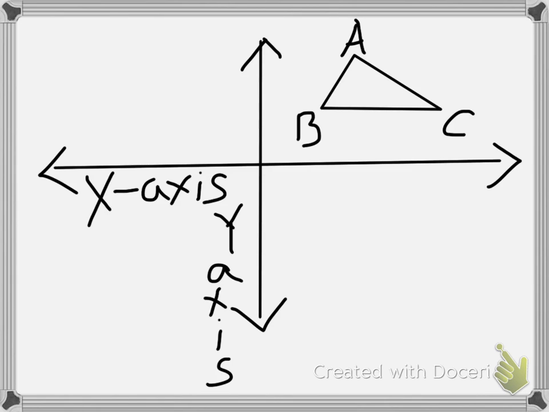If you reflect this triangle ABC with respect to the y-axis, then you will have the reflected image of this triangle in the second quadrant of this 2D space somewhere here, and this is going to be your reflected image.